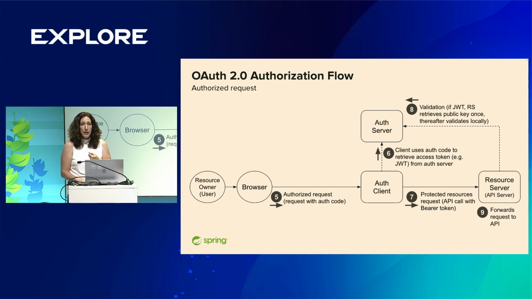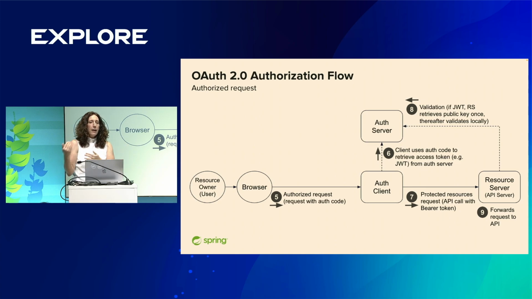So it says, is this for me? And is this valid? It can do that by either going to the auth server every time, or if it's a JWT, often it'll just download the public keys from the auth server. And so after the first time, the validation that it's a legitimate token is just done locally at the resource server level. Then it can forward the request to the API, and then you get the response.